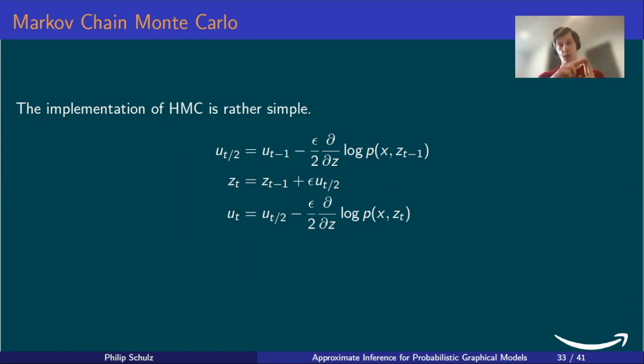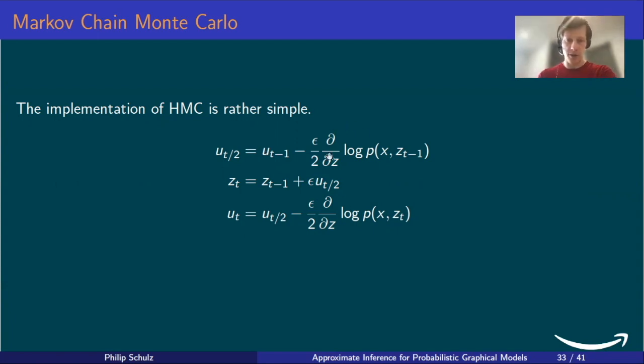But while we are in one trajectory in UZ space, while we haven't projected down to Z yet, we update U, but not by sampling, but rather deterministically by implementing these Hamiltonian dynamics. And then for each advance in U and Z, we first do a half update to U, full update to Z, and then another half update to U. And these updates are just defined by how Hamiltonian dynamics defines them.